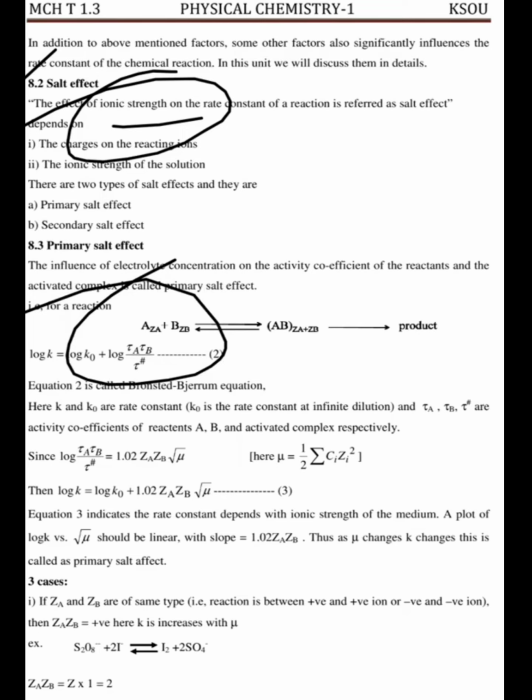The effect of ionic strength on the rate of reaction is referred to as the salt effect.